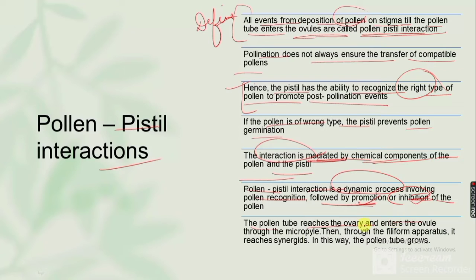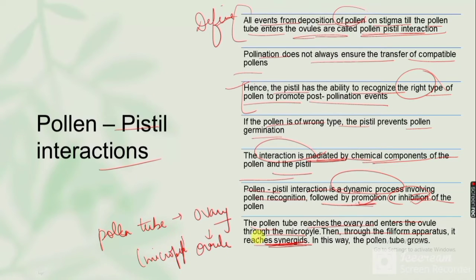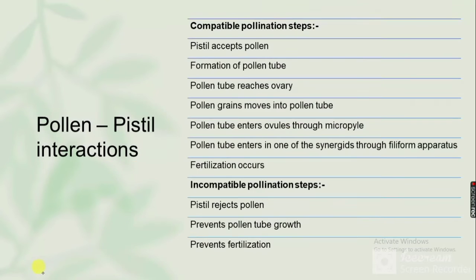The pollen tube then reaches the ovary, enters the ovule through the micropyle, and then through the filiform apparatus it reaches the synergids. In this way, the pollen tube grows.